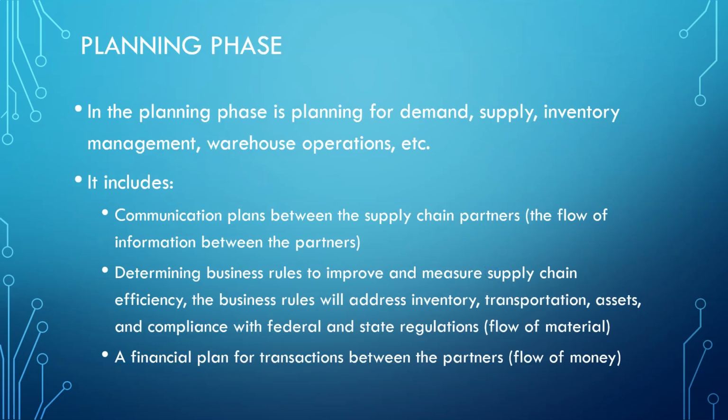In the planning phase, it's considered planning for demand, supply, inventory management, warehouse operations, and other logistical things. One of the things that should be planned for is risk and risk management. Risk of shortage in demand will be identified, and a risk management plan will be included.